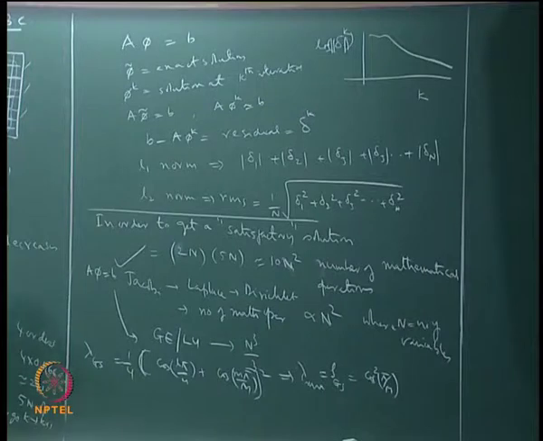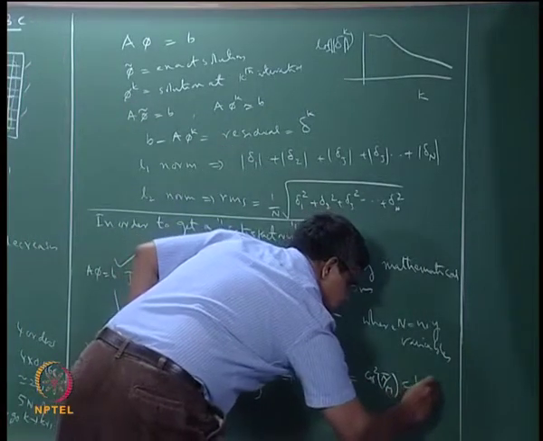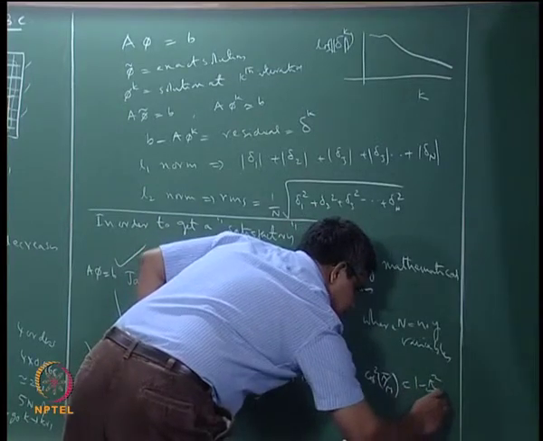And in the case where M is large, this is roughly equal to 1 minus pi square by M square.